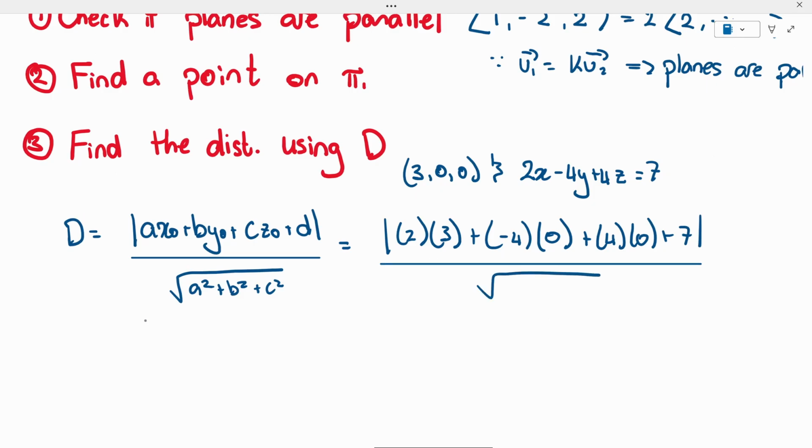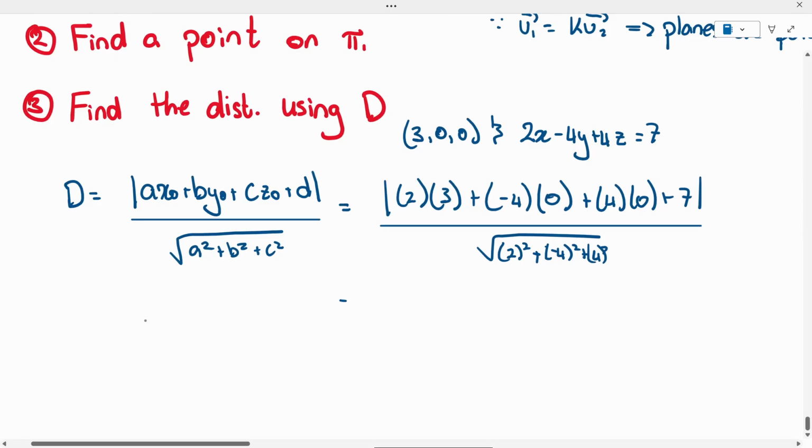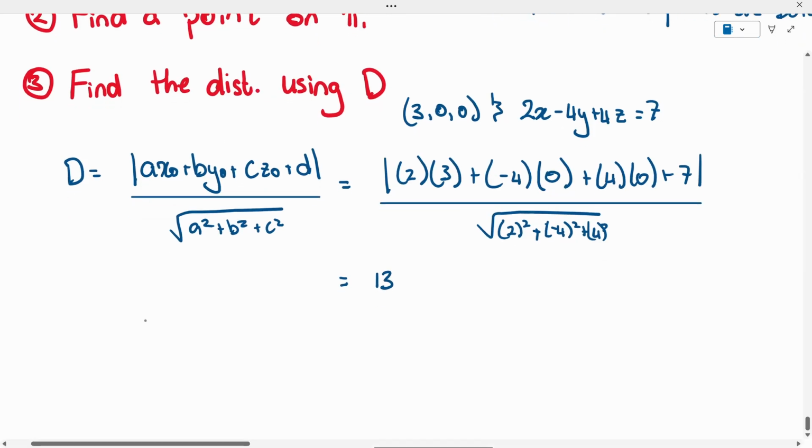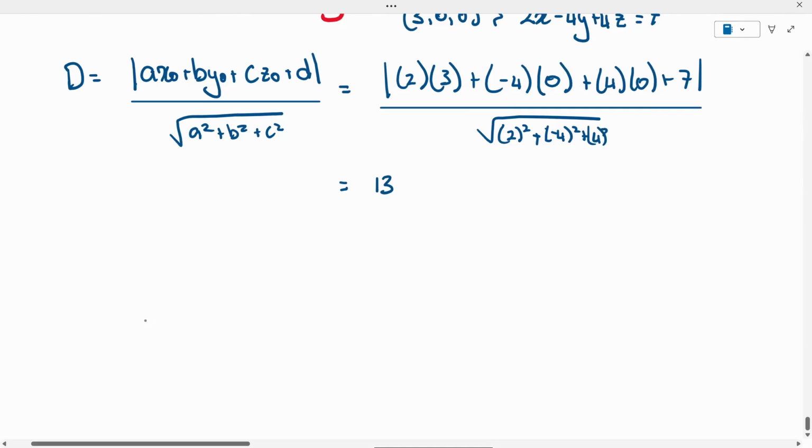Over the square root of a squared, which is 2 squared, plus minus 4 squared plus 4 squared. That gives us 2 times 3 is 6, plus 7 is 13. And then 2 squared is 4 plus 16 plus 16 is 36. The square root of 36 is 6, so 13 over 6.